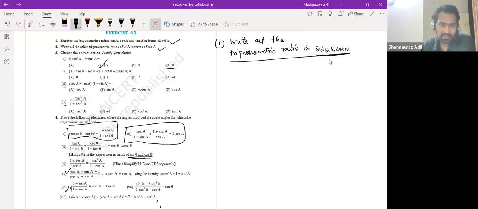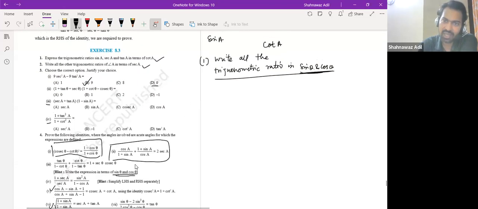Other than that, for other kinds of questions, we will talk about that later. But the preliminary idea is that we write all in terms of sine and cos. Remembering this, let us solve this second question.